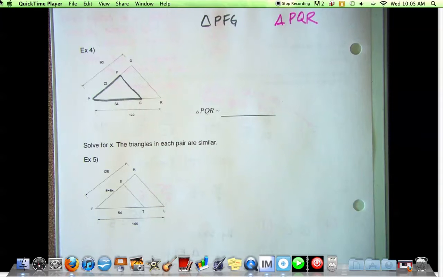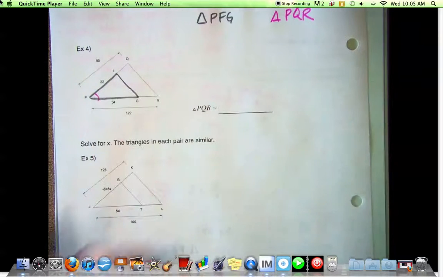Okay, so what do you see that we're checking for similarity for? Sides, what else? What angle? Angle P. So what do we know about angle P? Are they similar? Are you sure? You guys aren't saying it with confidence. Yes. How do you know that they are congruent? They're the same angle. So we know that they have an angle in common.